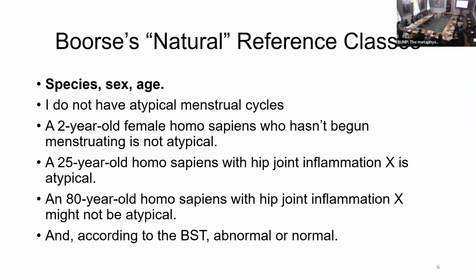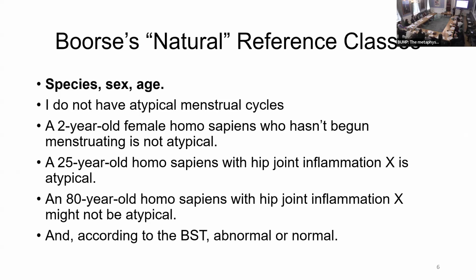Boorse thinks that the natural reference classes, as he repeatedly calls them, when it comes to organisms are species, sex, and age. I'm not really going to talk about the age thing, but it might come up in questions. But he thinks the correct reference class is to narrow down organisms according to species, sex, and age.